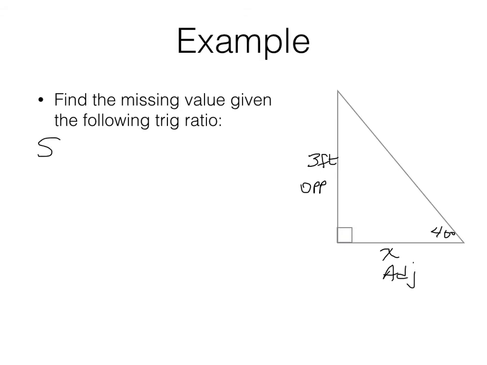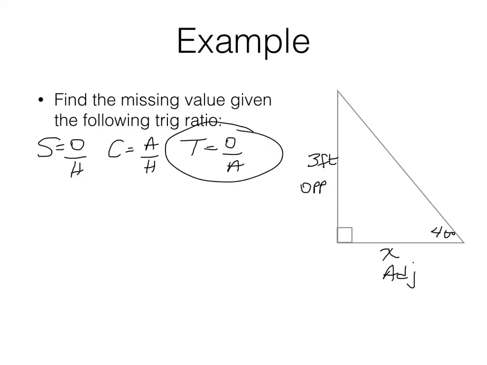So if we remember, sine equals opposite over hypotenuse, cosine equals adjacent over hypotenuse, tangent equals opposite over adjacent. Which of these should we choose? Well, tangent makes most sense here. So the tangent of 40 degrees would equal my opposite side length, which is 3 feet, over my adjacent side length, which we don't know.